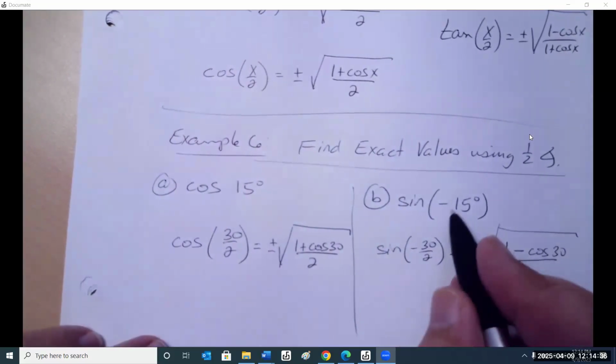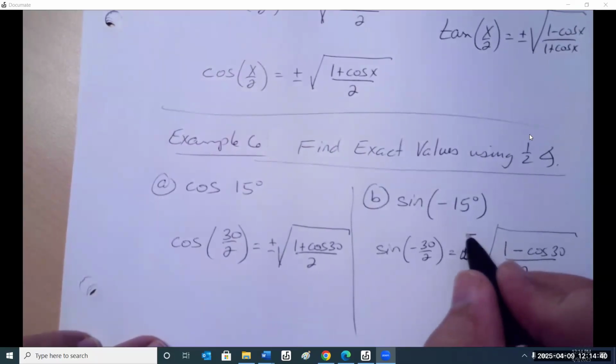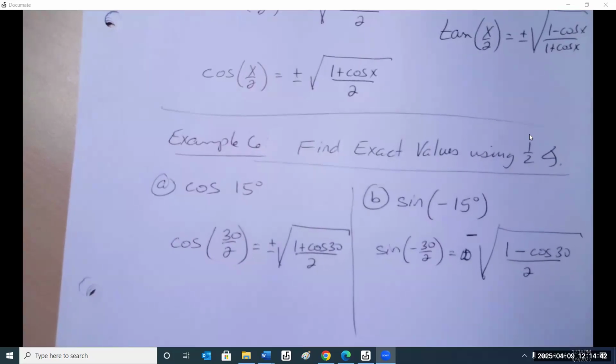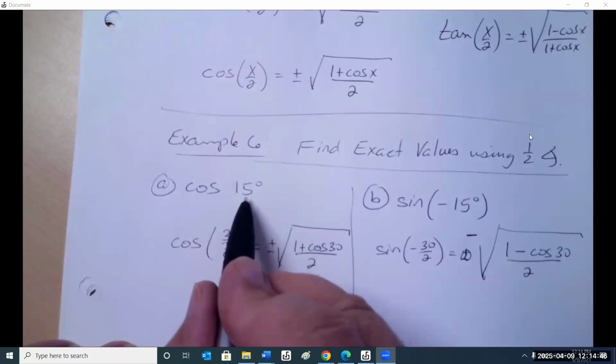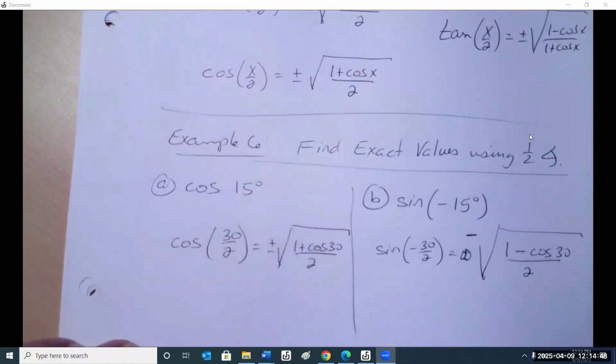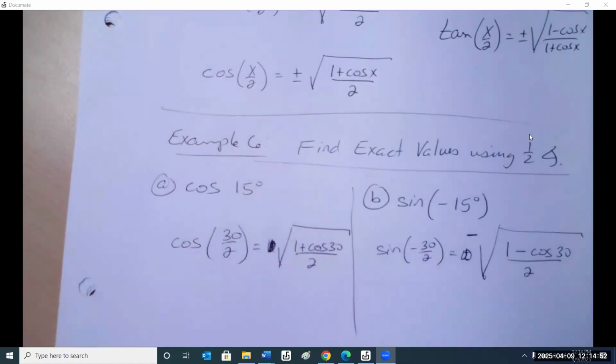But since sine at negative 15 degrees is negative, this one has to be negative. Cosine at 15 degrees: what's the value of cosine in the first quadrant? So it has to be positive.